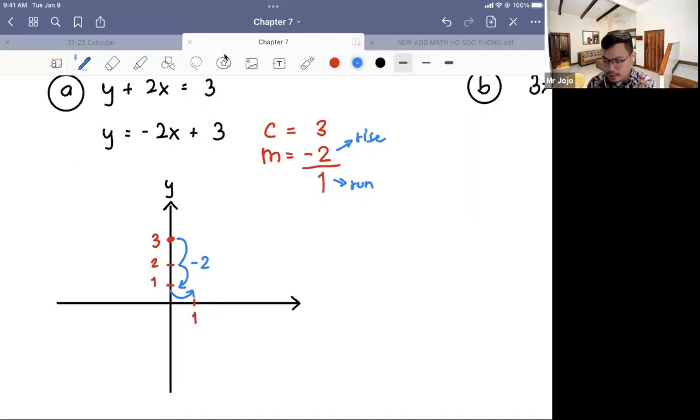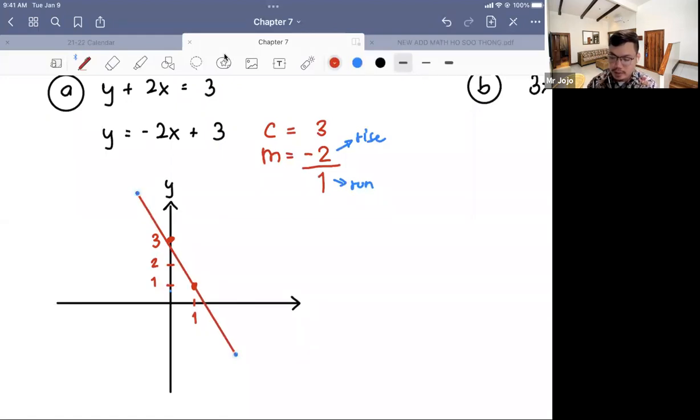So jump there. There you go. That is your second point. Let me just remove these blue lines here. There you go. That's your second point. And then from there, you can draw your line.